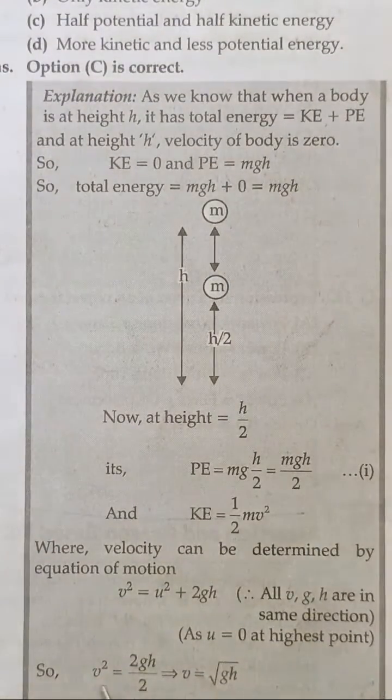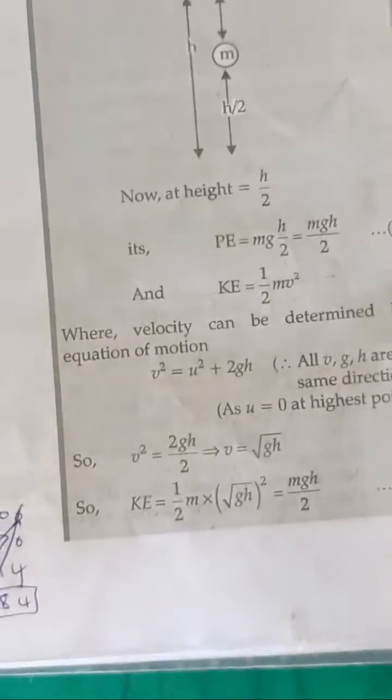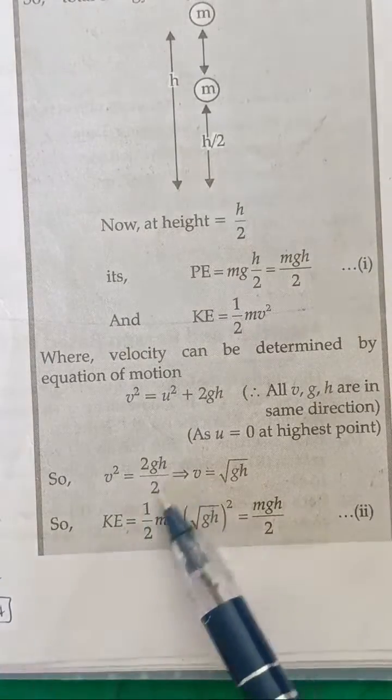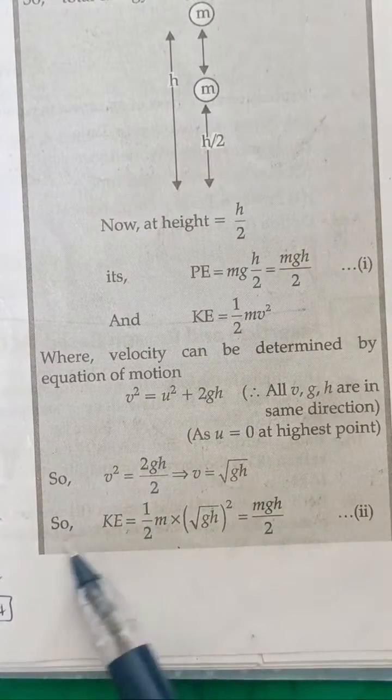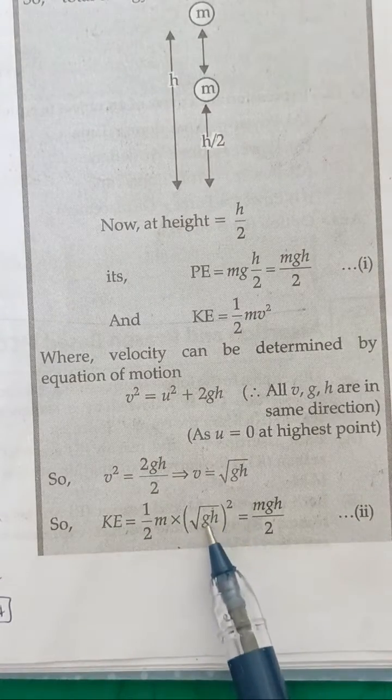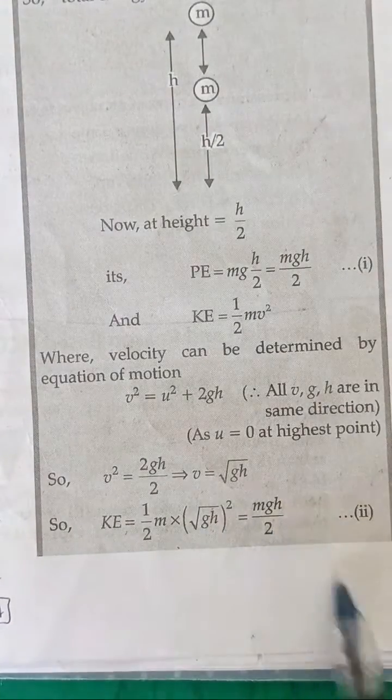So v square equals 2g h upon 2, v equals under root gh. So KE equals 1 upon 2 m into in bracket under root gh square, equals mgh upon 2, third.